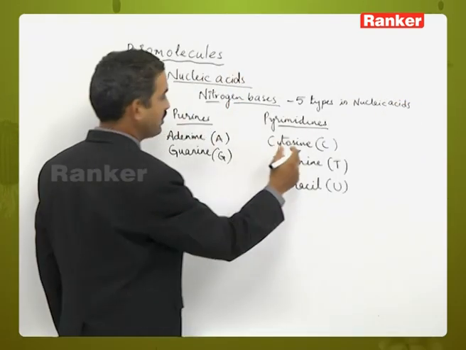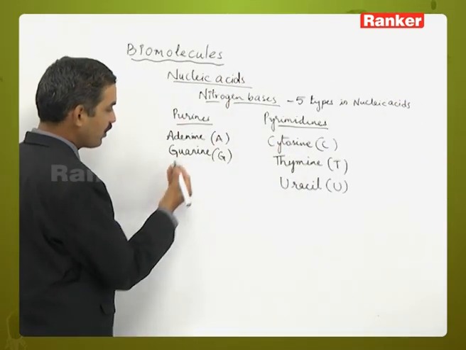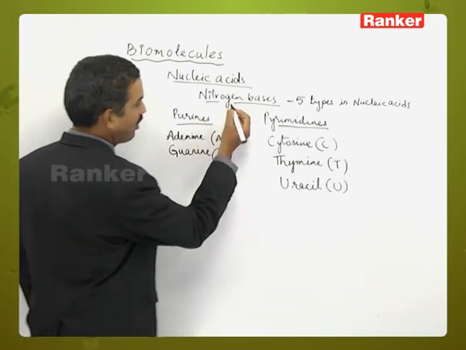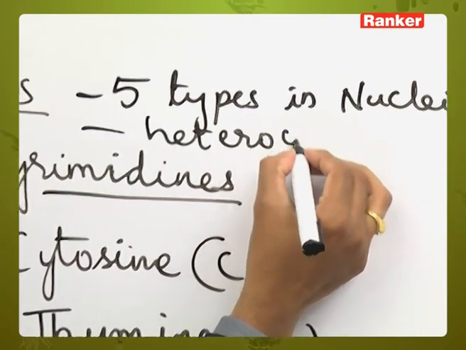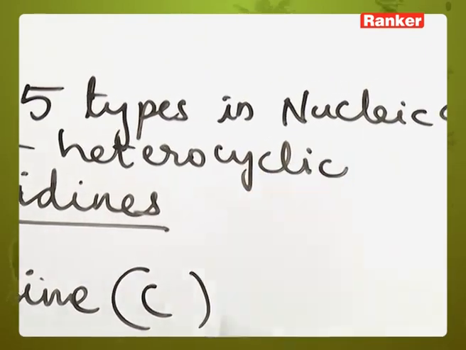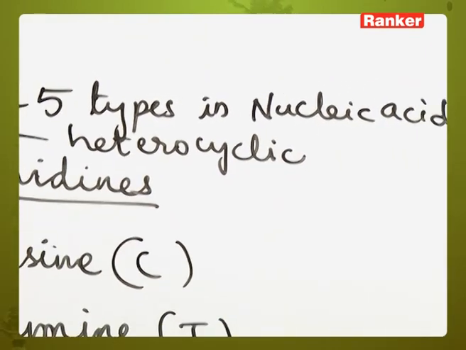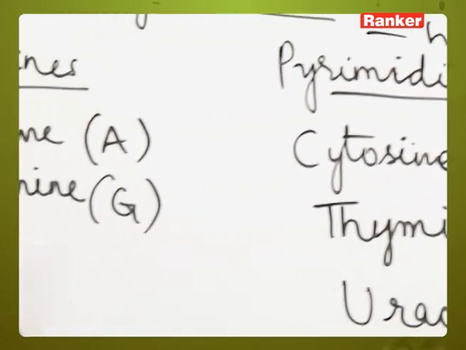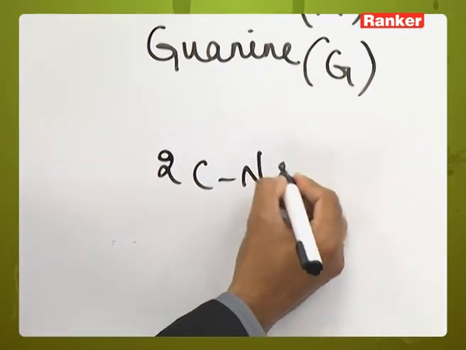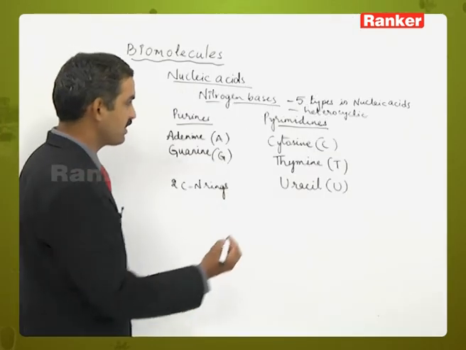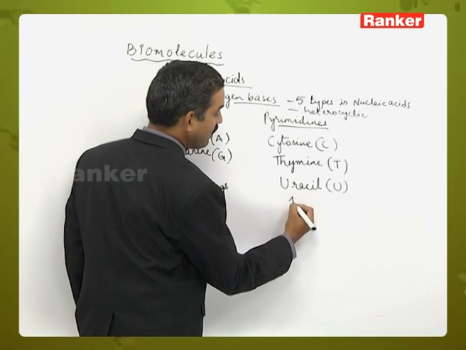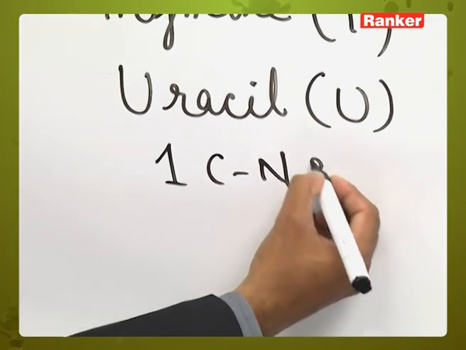These are categorized into 2 groups, and all these nitrogen bases are heterocyclic compounds. Purines contain 2 carbon nitrogen rings, whereas pyrimidines contain only 1 carbon nitrogen ring.